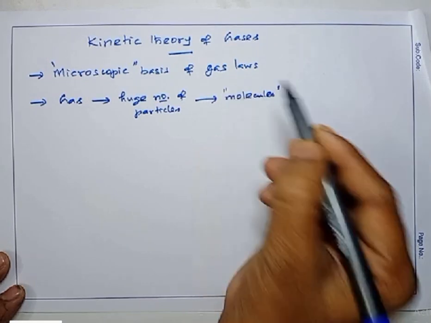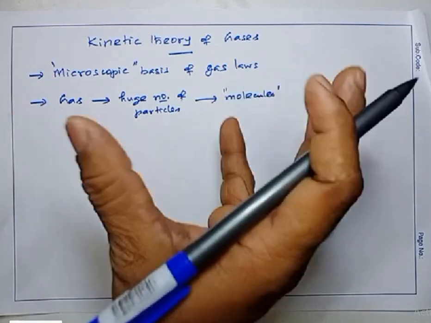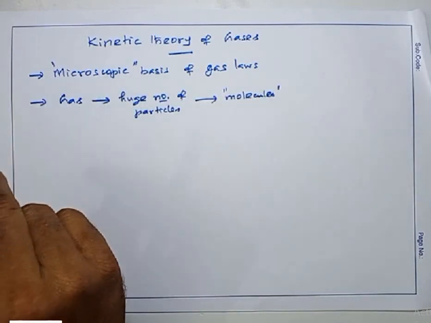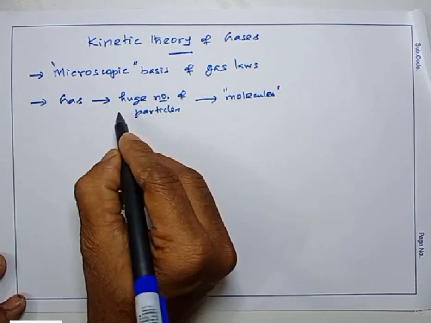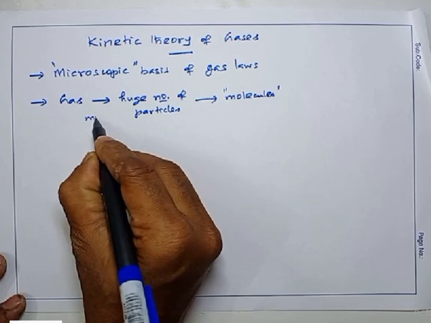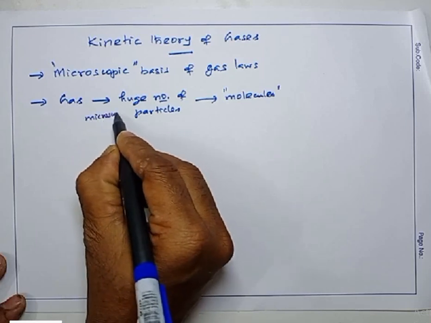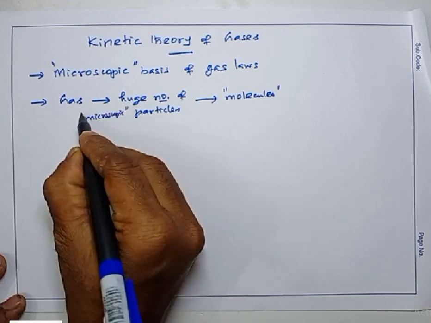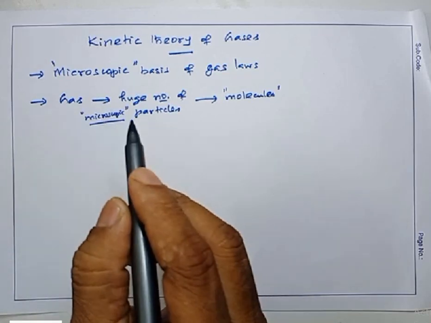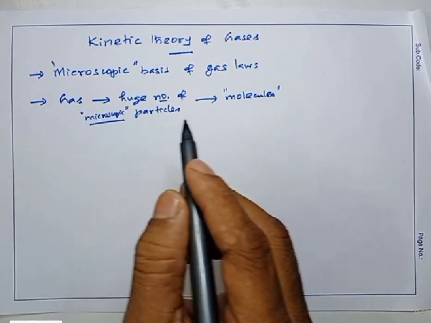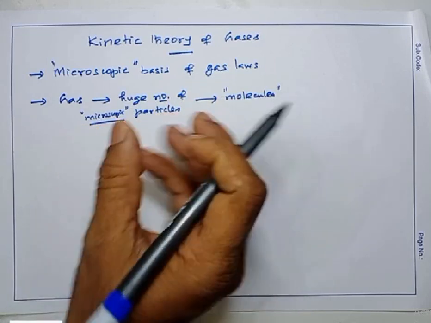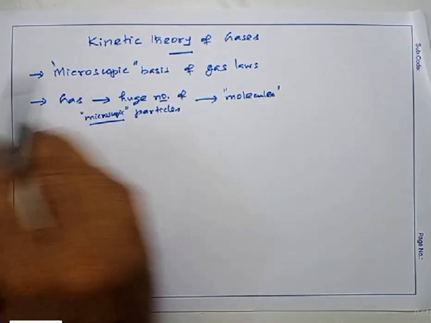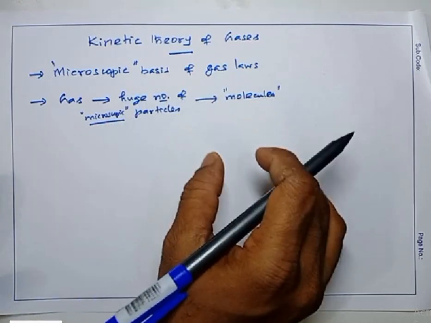Each and every gas consists of a huge number of particles called molecules. These particles are not large, they are all microscopic, very, very small. These microscopic particles are called molecules.